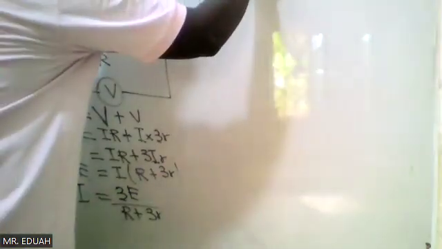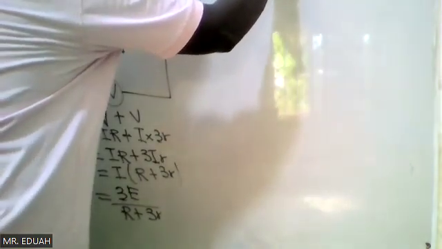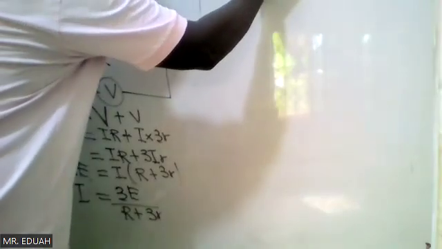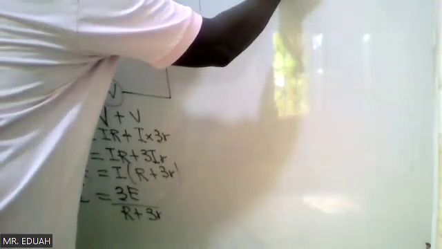So when you have n number of cells, the total EMF becomes nE over R plus n times the internal resistance, nr.